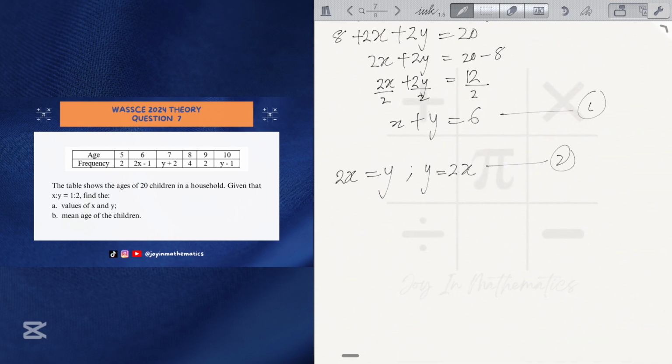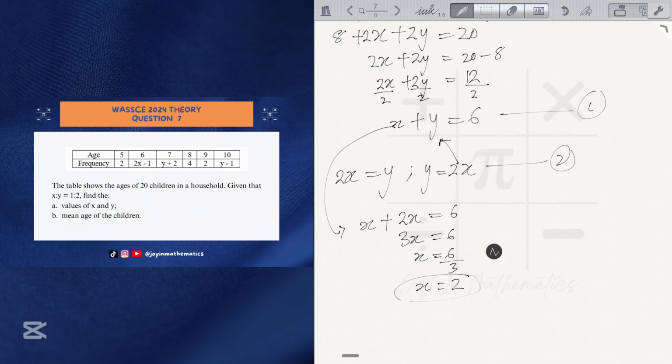So this will be our equation 2. If we substitute this y is equals to 2x into equation 1, it will give us x. Wherever we see y, we put 2x, so x plus 2x is equals to 6. So 3x will be equals to 6, and x will be equals to 6 over 3. Then x is equals to 2.